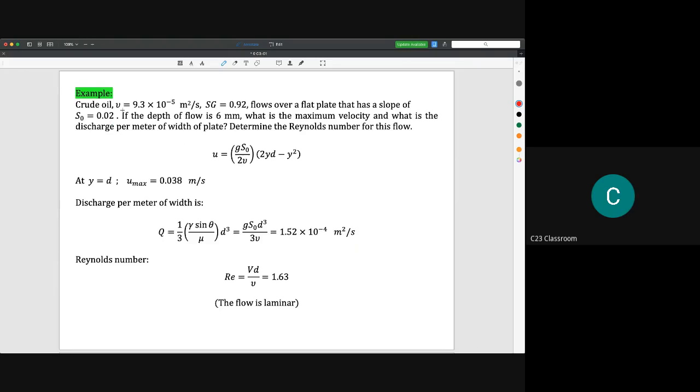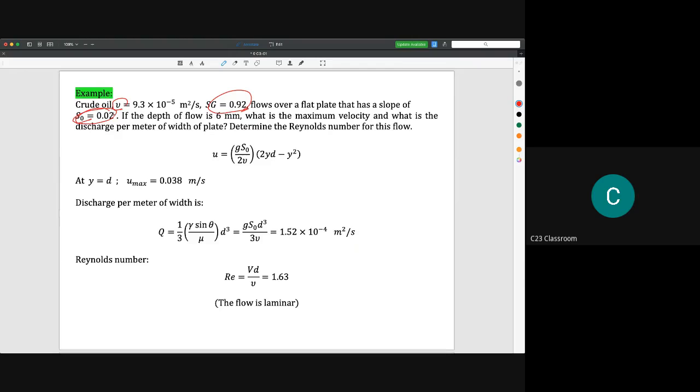So we have the crude oil, we have the kinematic viscosity, we have the specific gravity. Please note that specific gravity doesn't have units here. This is the kinematic viscosity, and then you have a slope of 0.02.